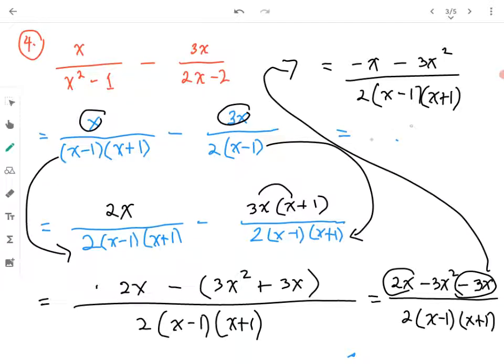So we can factor it further into negative, because the x is negative and 3x squared is negative, so this becomes negative 3x squared plus 1 plus x rather, all over 2 times x minus 1, x plus 1. So since they are both negative, we factor out the negative.